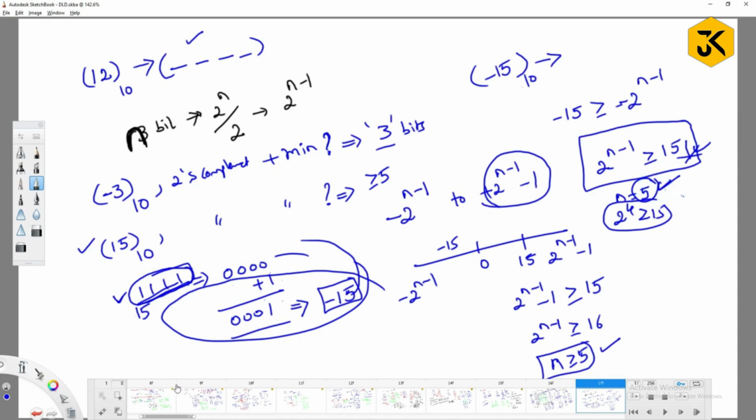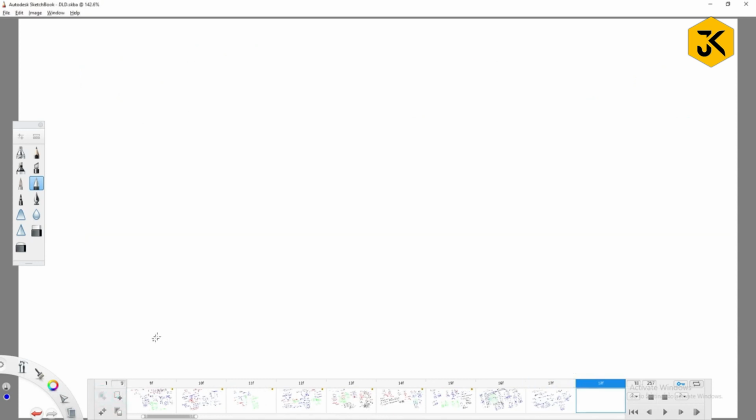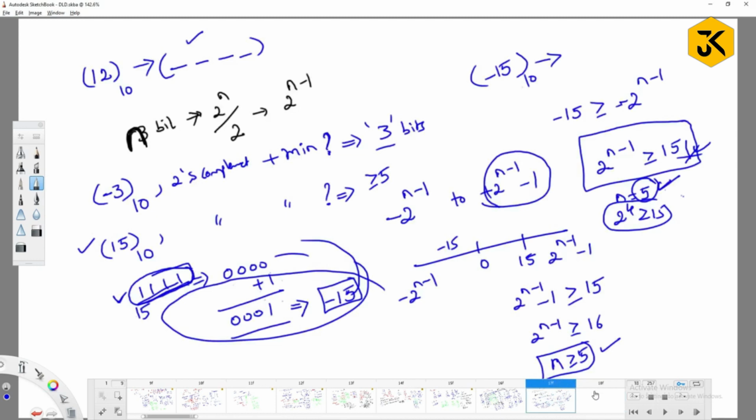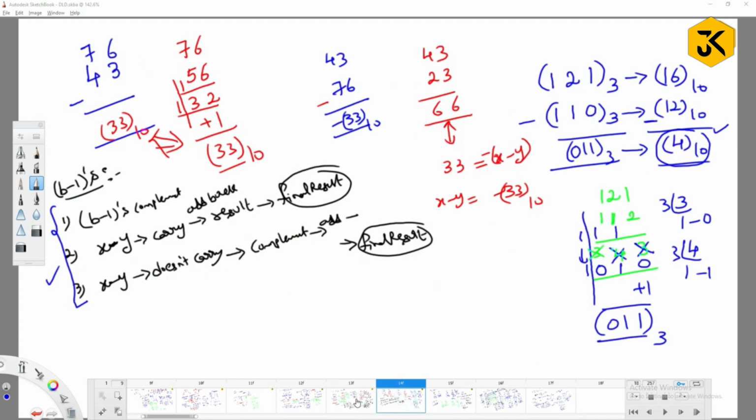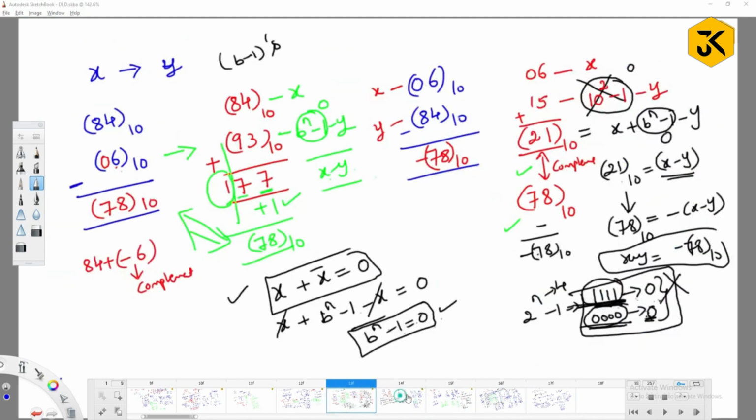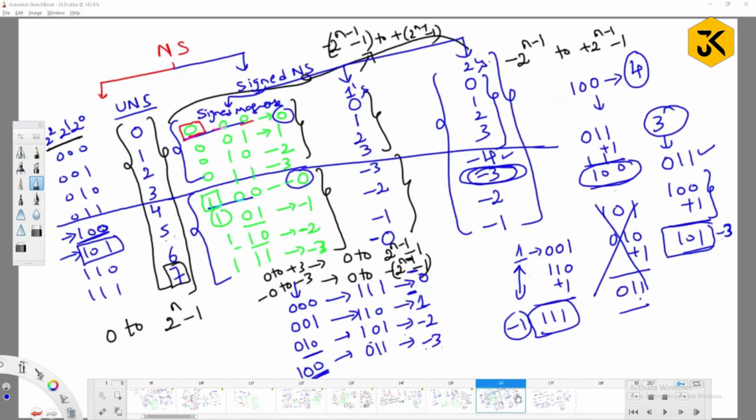Okay. Similarly, for example, try to think, if you would like to get the value minus 3, how can you get this value?